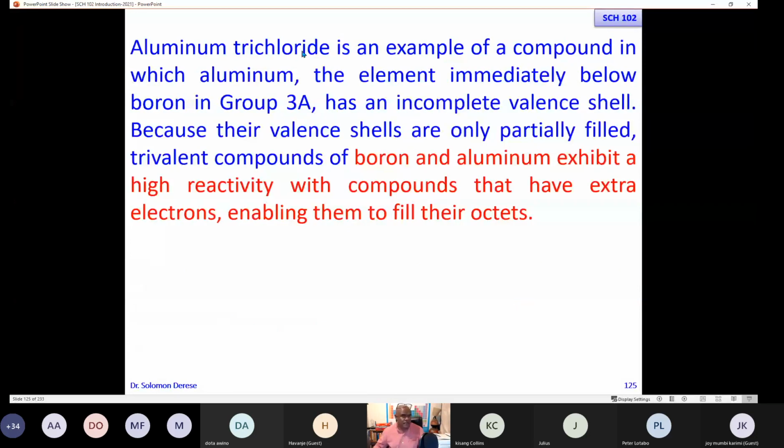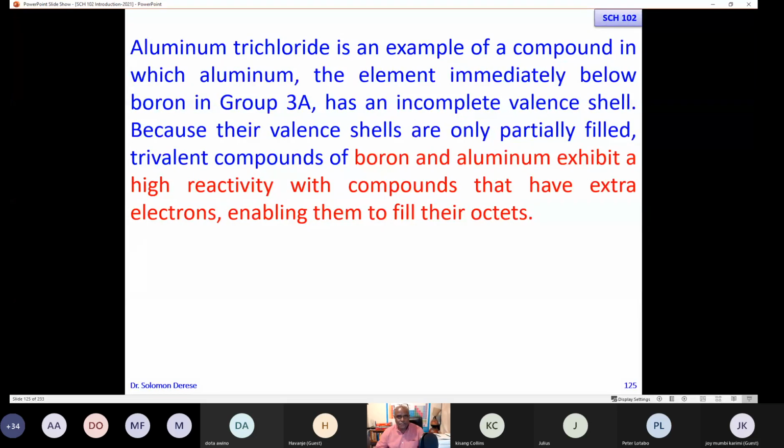So aluminum trichloride, for example, is a compound in which the aluminum, the element below boron in group 3, has an incomplete valence shell.